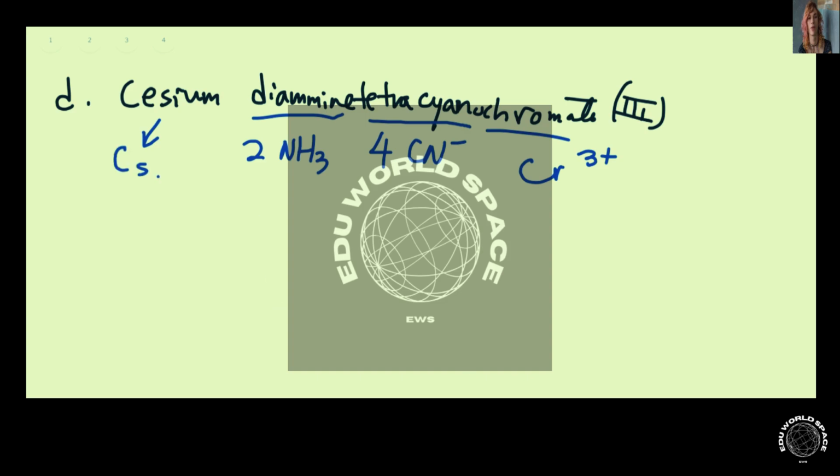Alright, so now we balance out this one. First we write cesium right here. And inside the bracket we have center atom Cr with NH3 and 4 cyanide.